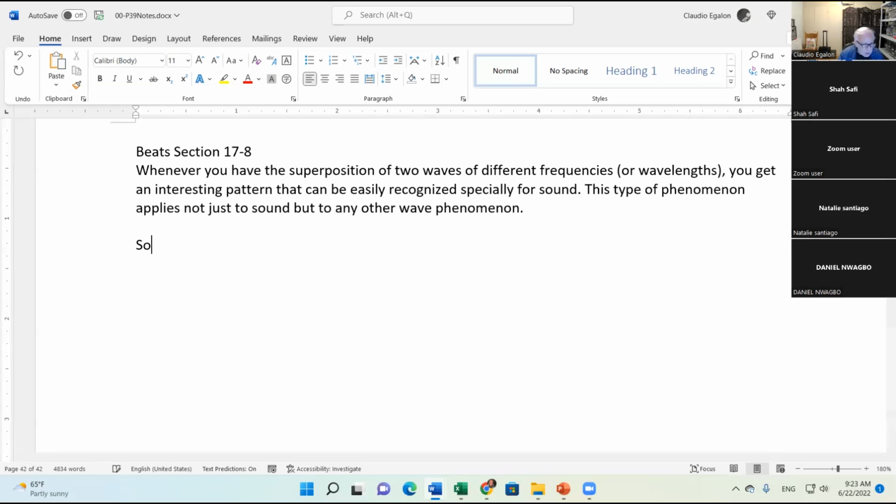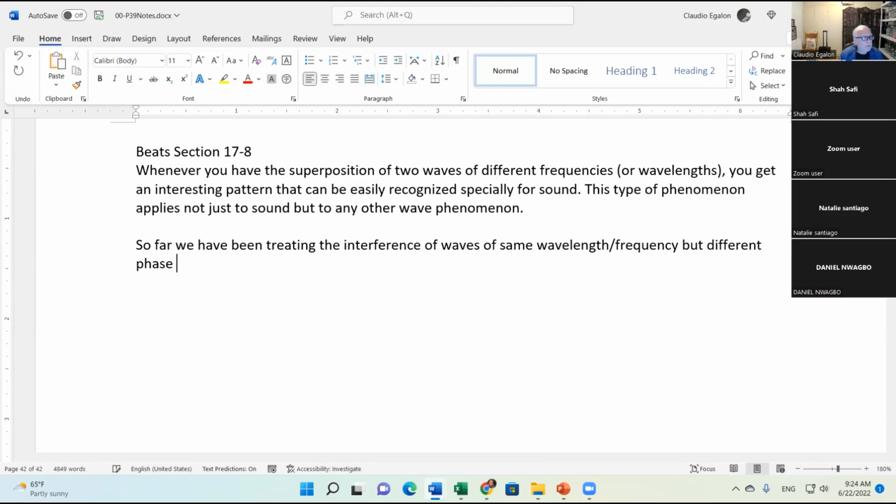So far, we have been treating the interference of waves of the same wavelength/frequency, but different phases, okay?